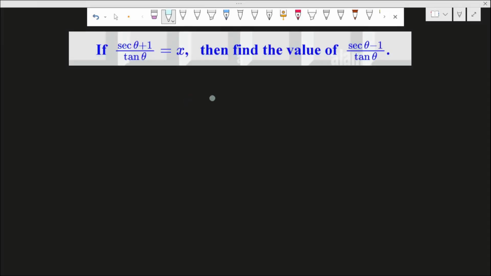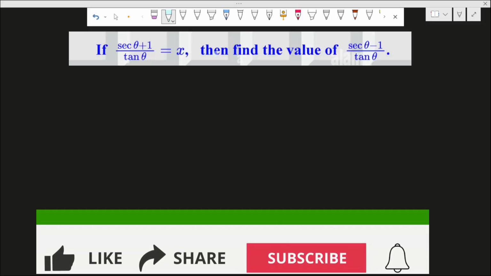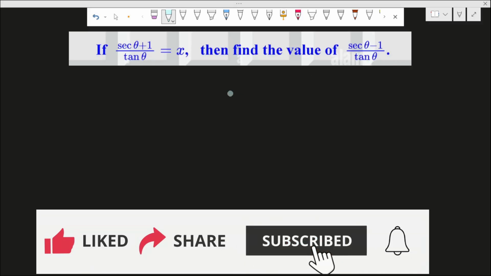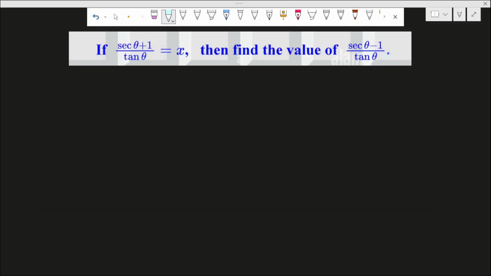Welcome to you all. Now the question is: if sec theta plus 1 by tan theta equals x, then find the value of sec theta minus 1 by tan theta. The given equation is sec theta plus 1 by tan theta, and the expression is sec theta minus 1 by tan theta.